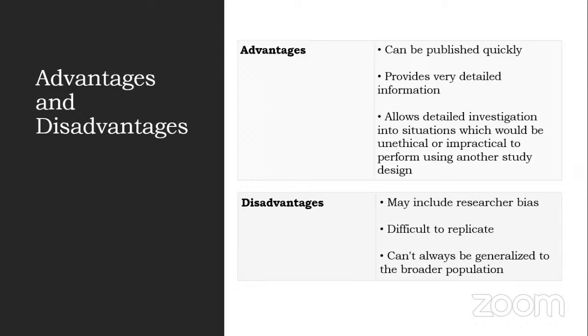Disadvantages may include researcher bias. Okay, so researcher bias can arise if the researcher is not being completely objective in his or her approach, if the researcher has some preconceptions about a particular phenomenon.